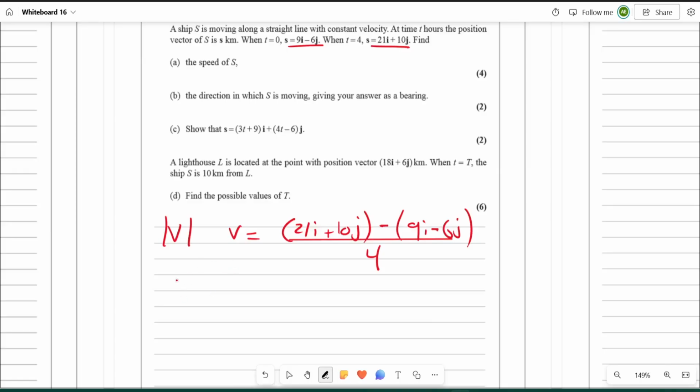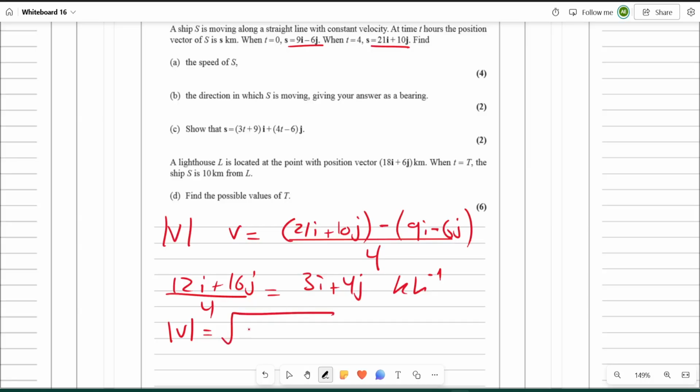Yes, so 12i, and then 10 minus negative 6, so plus 16j, all over 4. So that's going to be 3i plus 4j. Kilometers per hour, km h^-1. So to find the magnitude, I'm going to do 3 squared plus 4 squared, and that's going to be root 25, which is 5 kilometers per hour.